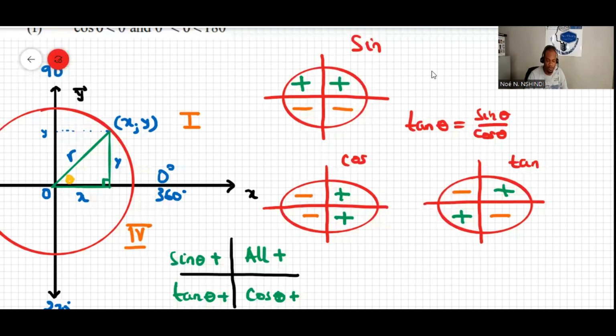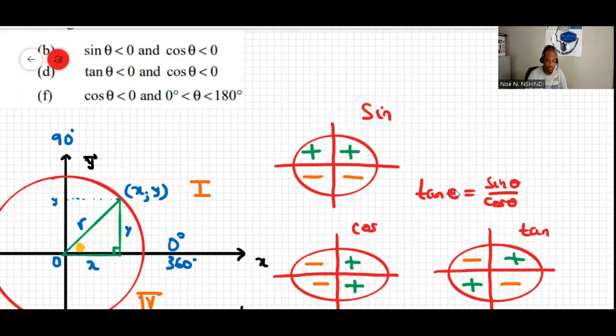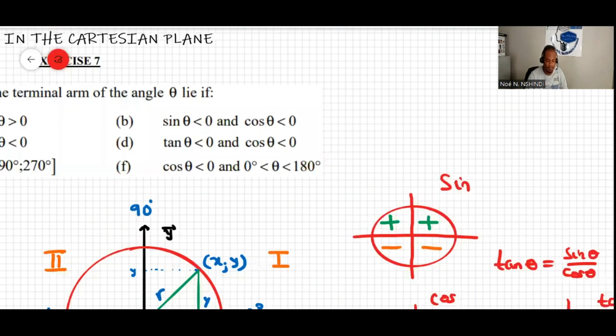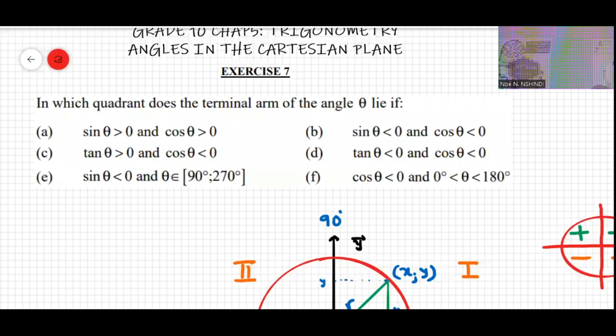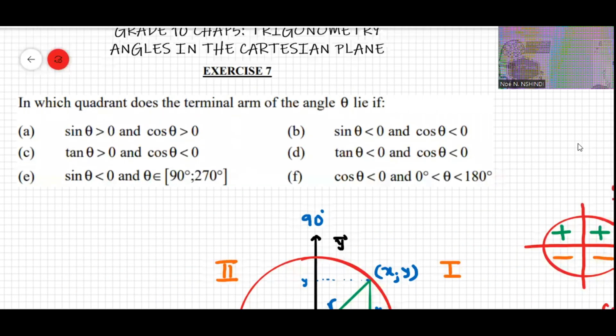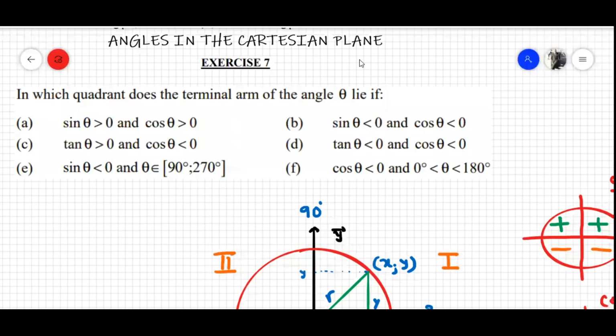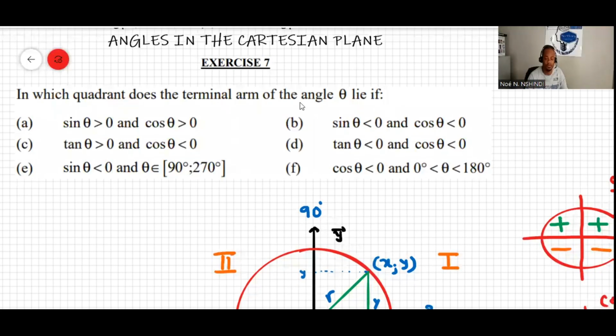All right. Now we can just start solving the questions here. Over here, it is saying, in which quadrant does the terminal arm of the angle theta lie if sine is positive and cos is positive? Okay, greater than 0 means positive.